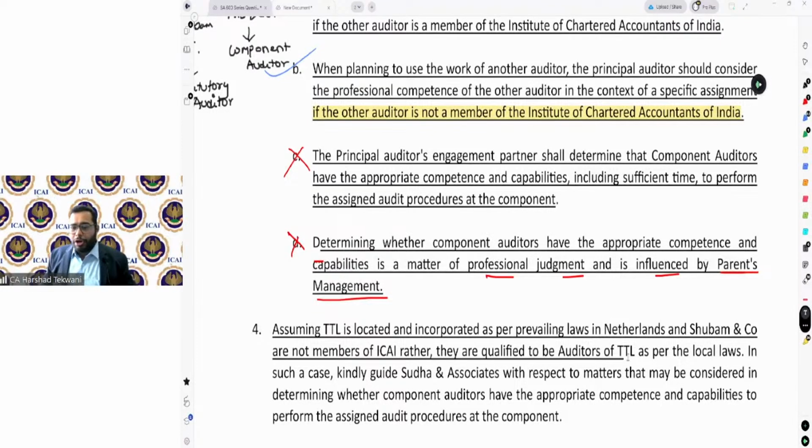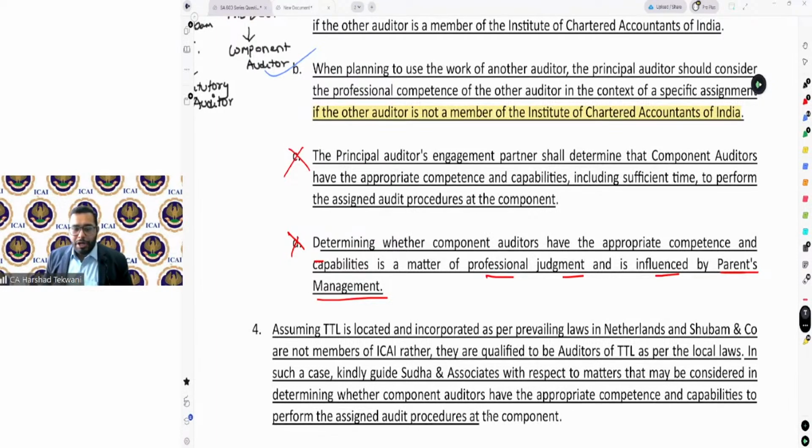They are qualified to be auditors of TTL as per the local laws of Netherlands. So they are not the members of the institute. TTL is not located in India, it's located in the Netherlands. In such a case, kindly guide Sudha and Associates with respect to the matters that may be considered in determining whether the component auditor has the appropriate competency and capability to perform the assigned audit procedures at the component.